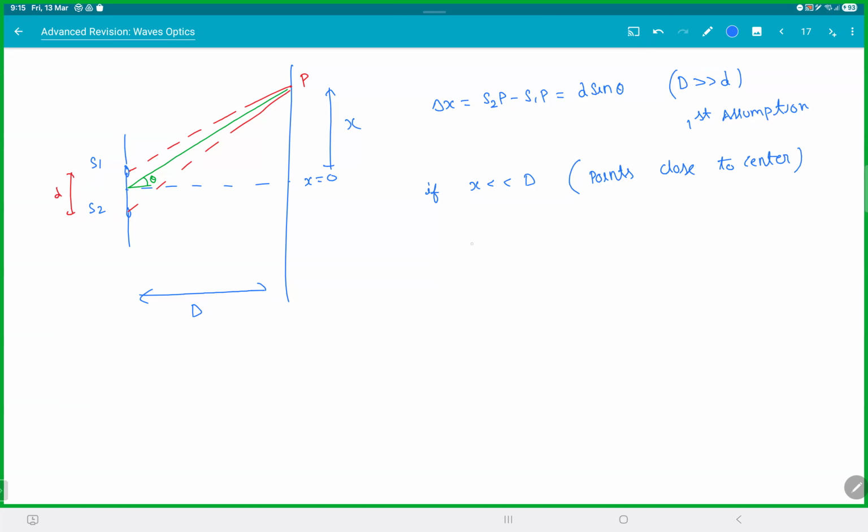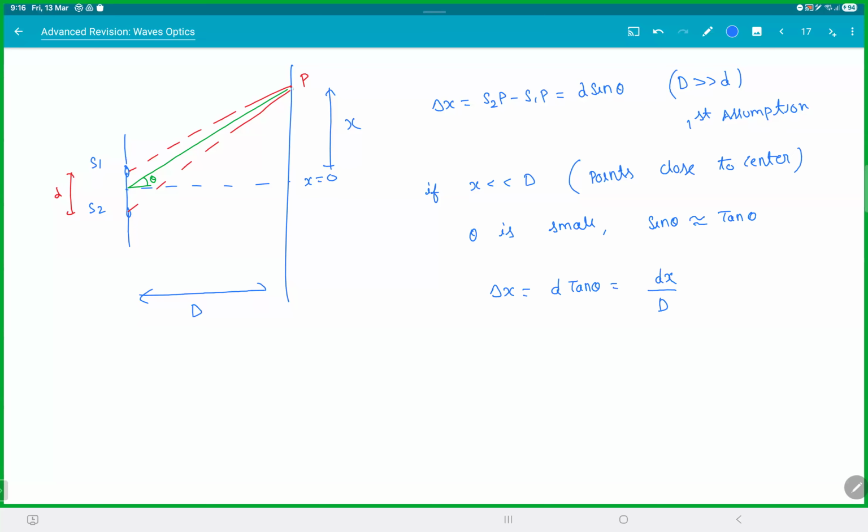Right? And then theta will be small. Then you can argue sine theta becomes almost equal to tan theta. This is your second assumption. In this case, delta x will become d tan theta, and tan theta will be x by D. That is your path difference.